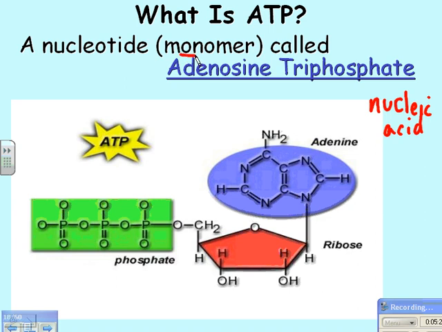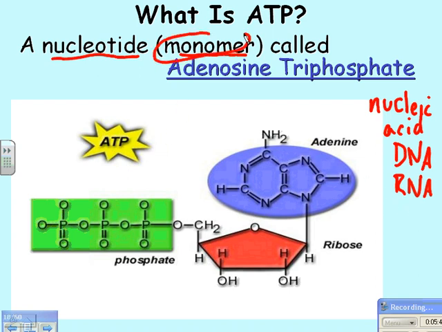And the monomers of nucleic acids are called nucleotides. So things like DNA and RNA are made out of nucleotides. And so you have a whole bunch of nucleotides together and you make a polymer called DNA and RNA. ATP is not like that. ATP is actually a monomer. So it's a monomer of RNA, and it looks like this. Here's your sugar, here's your phosphate, here's your base. The only difference is that instead of having one phosphate, you've got 3 phosphate groups.